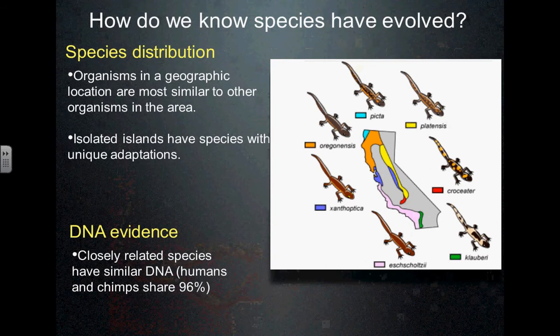Just like with people. Do you share a lot of characteristics, a lot of DNA with your brother or sister? Yeah, of course. We all do. That's because you have a common ancestor. Who's the common ancestor of you and your brother or sister? Your parents. Who's the common ancestor of you and your cousin, your first cousin?